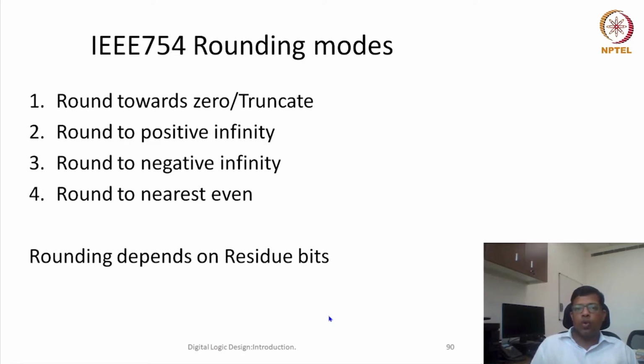In all the rounding cases, we can divide our mantissa, or our fractional part, into 2 parts. One is what is significant, or what needs to be added in our representation. The rest of the bits can be represented as residue bits.